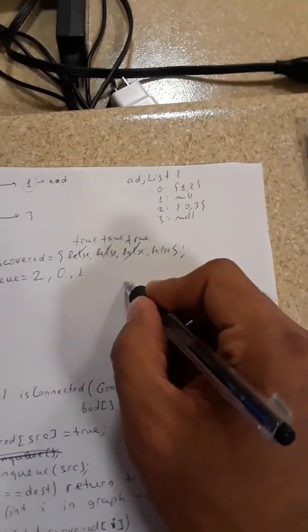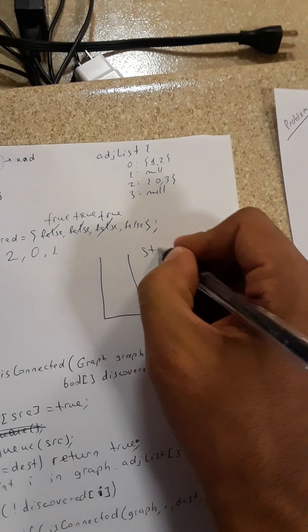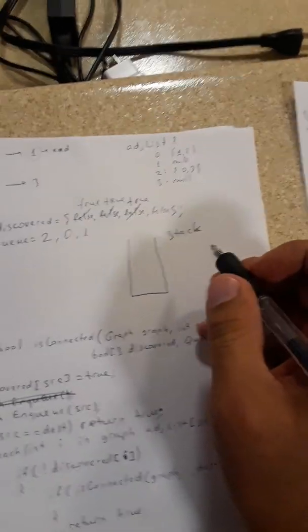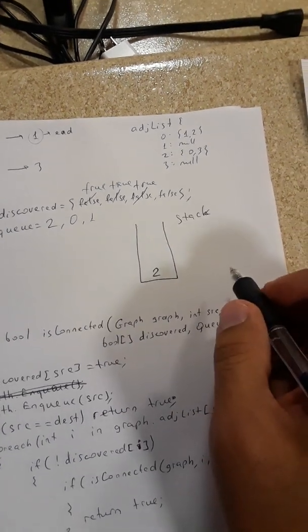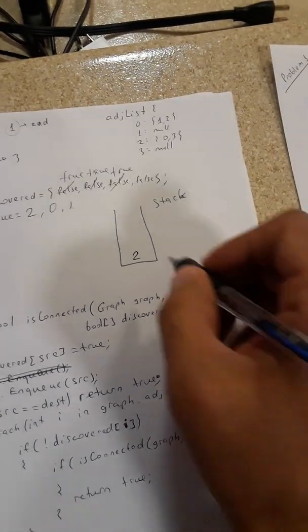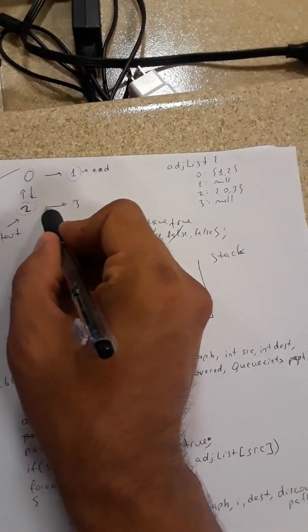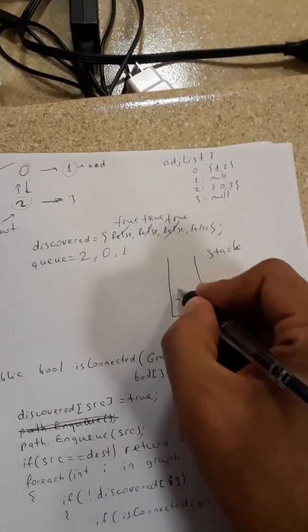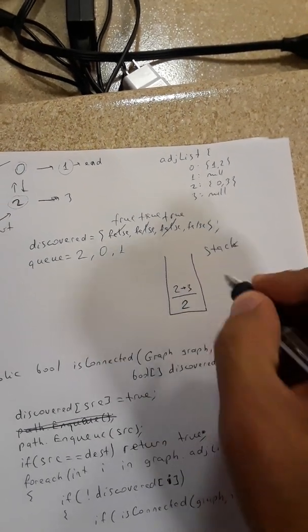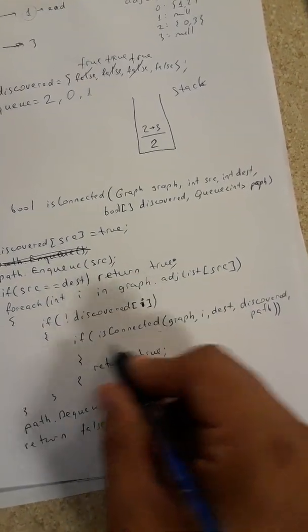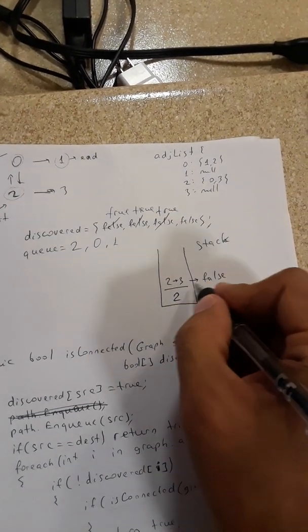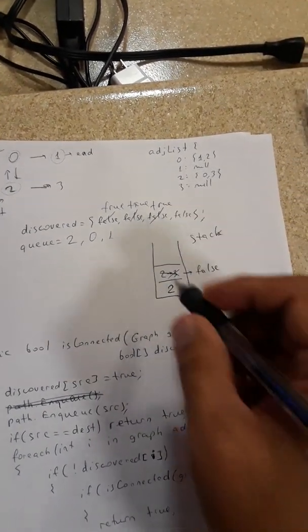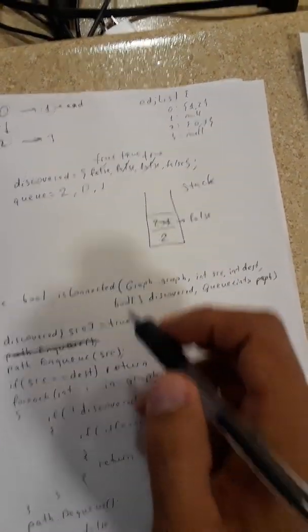So how is this going to happen? Let's imagine we have a stack of memory. At the beginning we'll store 2, then let's assume that we go in this direction, then we will store 2 and 3. At this point our is connected function will return false, so this is not going to work, but we will go through another path.